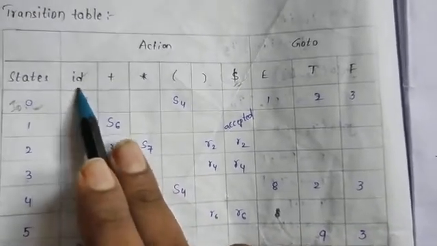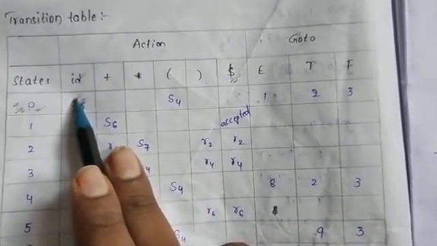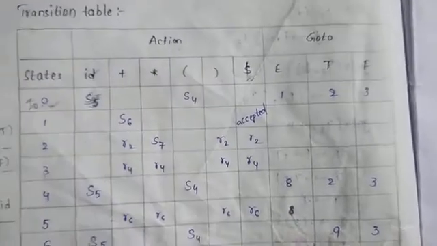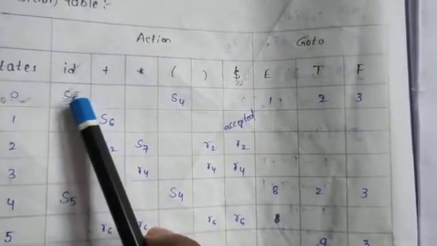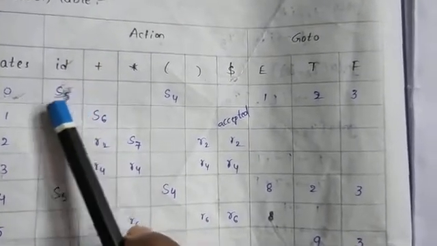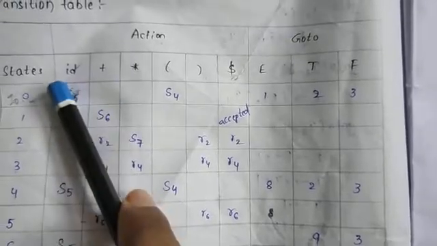The first one is shift, so for the sake of shift we are using s as a symbol. While dot is moving from I naught on id, it will go to 5. That is a shift operation, by shift operation it will go to I5. Like that we are mentioning S5 here.